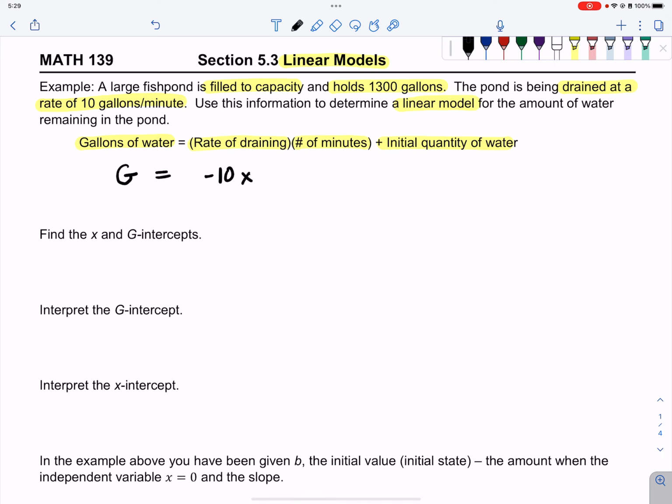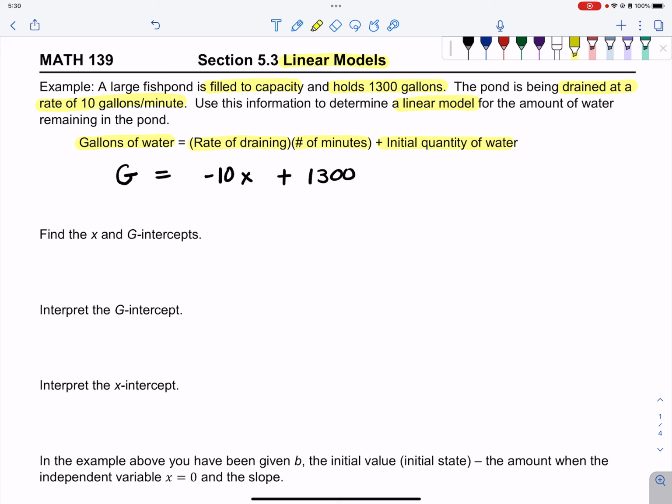I'm just going to call the number of minutes X. And then we need to add on our initial amount of water, which is 1,300. So we have an equation that says G is equal to negative 10x plus 1,300.